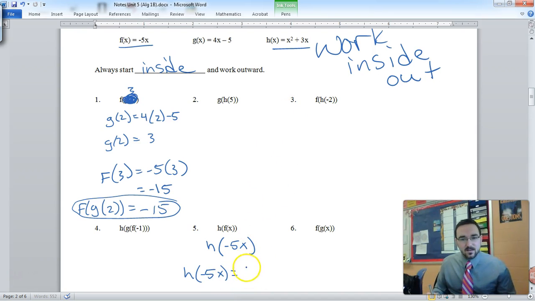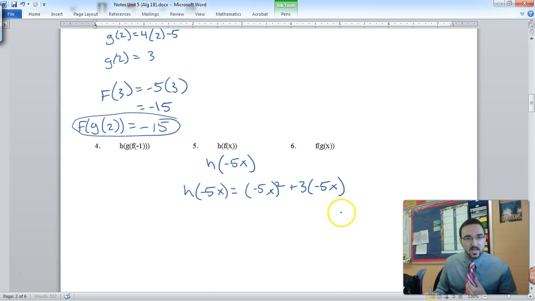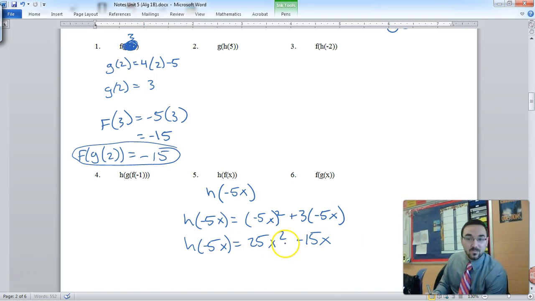So we have negative 5x squared, and then we have a plus 3 times negative 5x. Again, I'm taking what my value for f of x was, which was negative 5x, and throwing it into this problem. So I'm left with h of negative 5x is equal to 25x squared minus 15x. And that's my solution. So you're evaluating in terms of x.